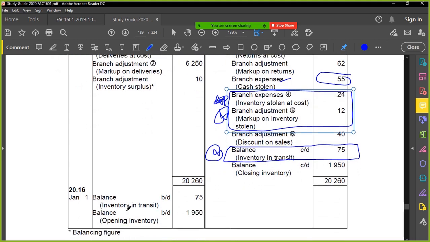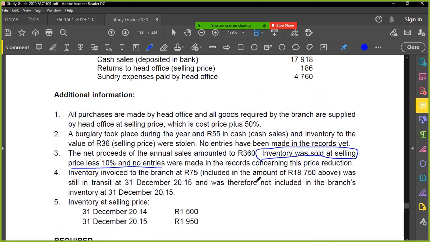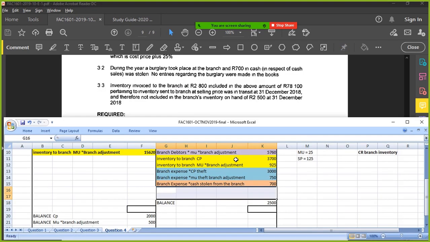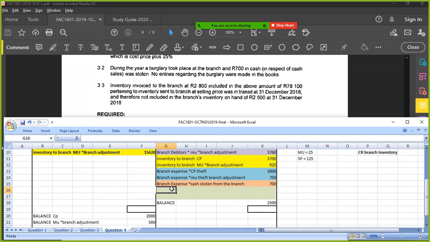The inventory that was in transit here was 75. This is the 75 that was included as part of the amount that was still in transit. Do you see that? Yes. I would still be inclined to show it separately as a separate consideration.